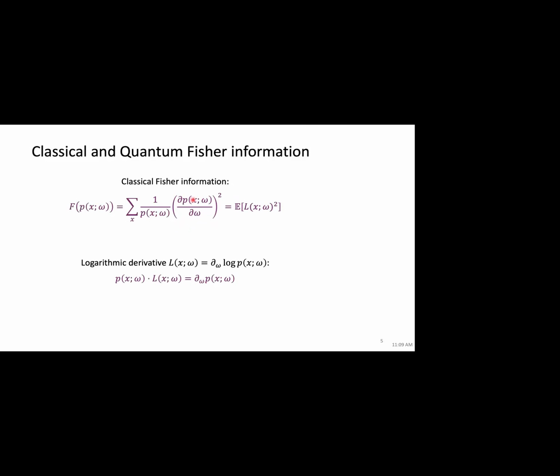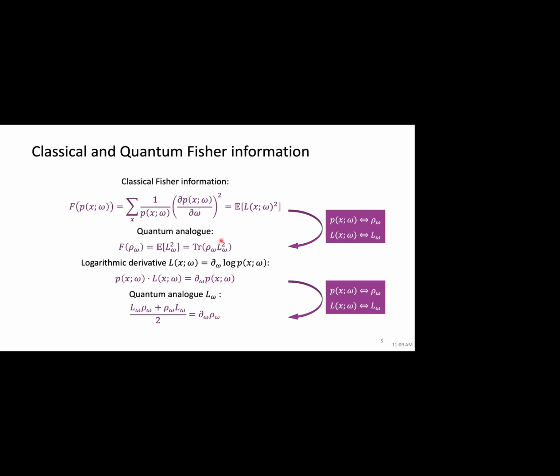Here is again the definition of classical Fisher information, and we can write it in another way. It is the expectation value of L squared, where L is the logarithmic derivative: we take the logarithm of the P function and then take the derivative, which allows us to calculate L. We can generalize these concepts to the quantum case by assuming the probability distribution is a density matrix, and this logarithmic derivative becomes a Hermitian operator. So we get our quantum analog.